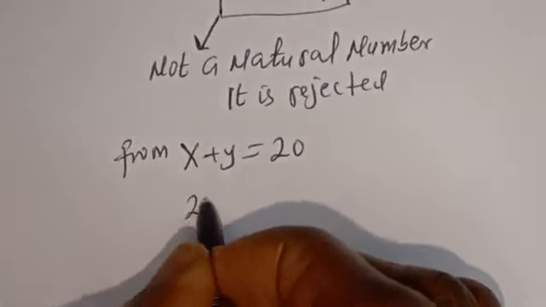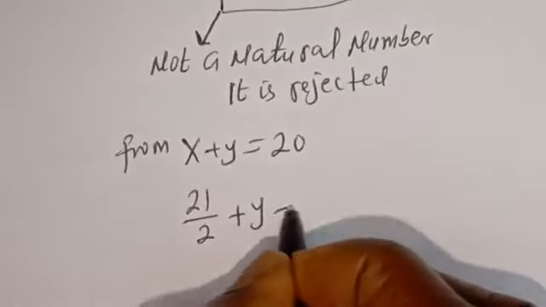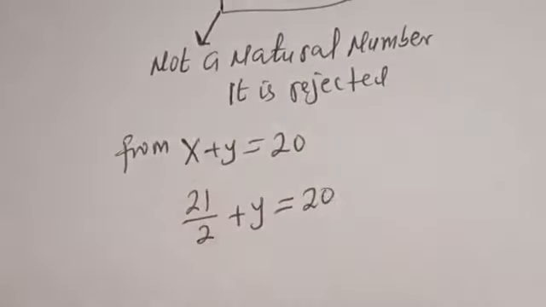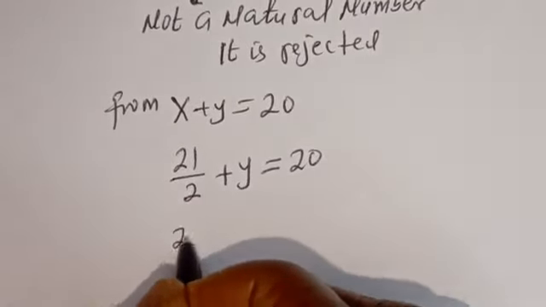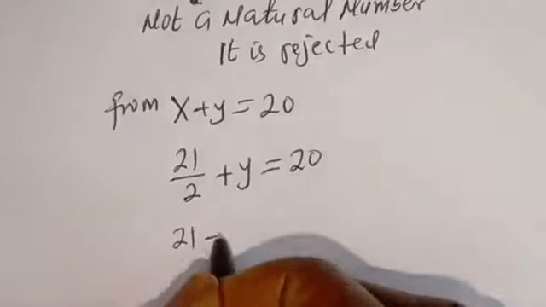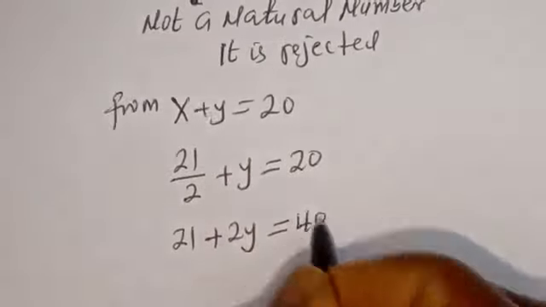Then we have 21 divided by 2 plus y is equal to 20. If you multiply all through by 2, we have 21 plus 2y is equal to 40.